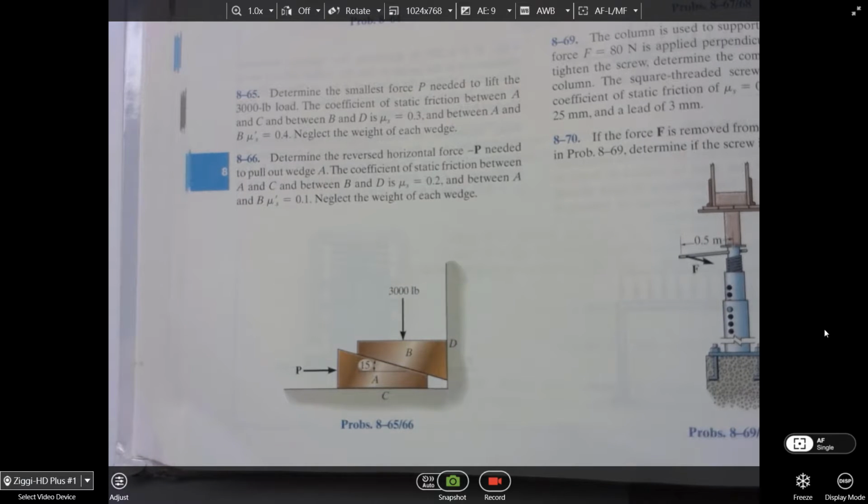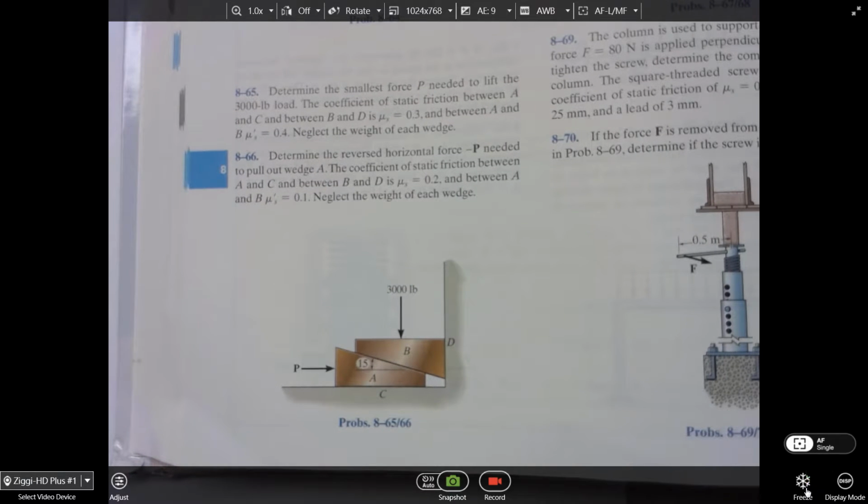It has different coefficients of static friction for different locations. So let's do 865. Determine the smallest force P needed to lift the 3,000-pound load. The coefficient of static friction between A and C and between B and D is 0.3, and between A and B is 0.4. Neglect the weight of each wedge.